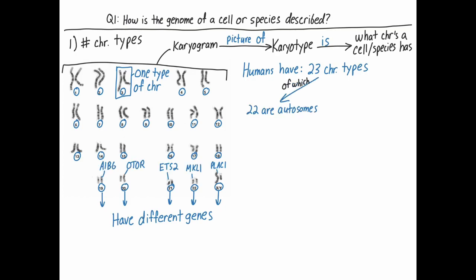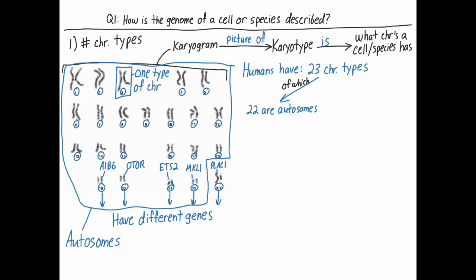There are 22 types of autosomes, numbered 1 through 22. And even though there are 2 types of sex chromosomes, the X and the Y, to avoid confusion, we'll consider the X and the Y chromosomes as the same type of chromosome, namely the sex chromosome.